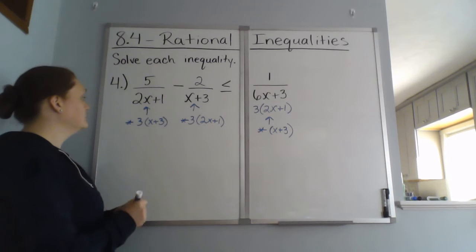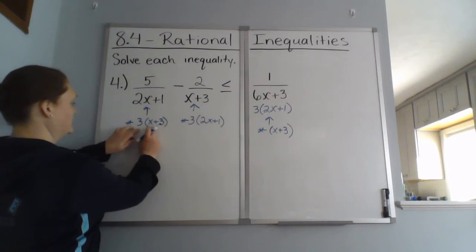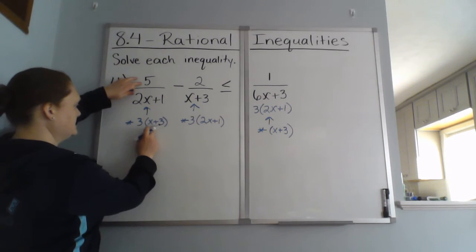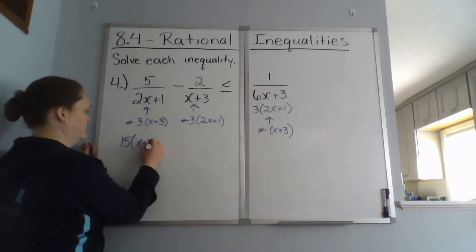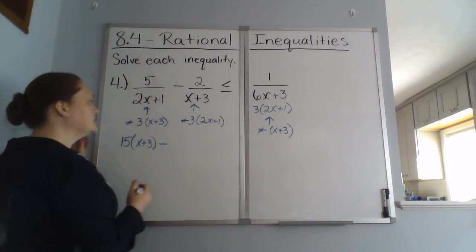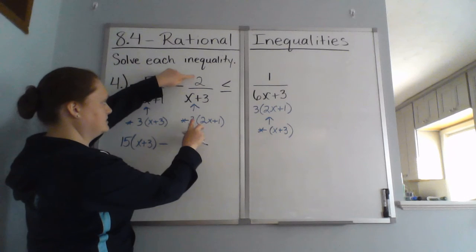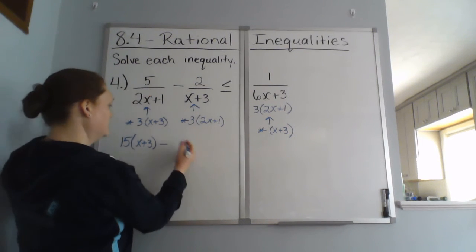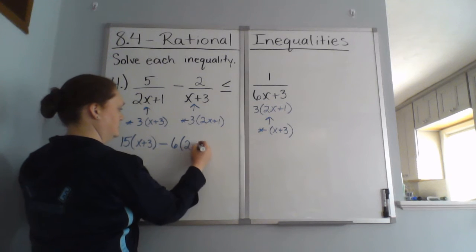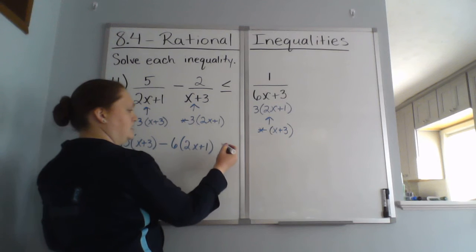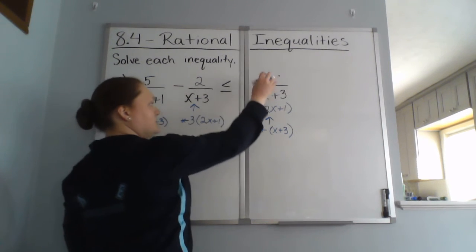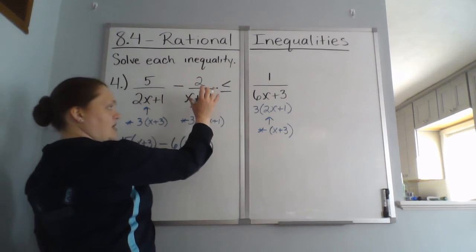Alrighty, here we go. So 5 needs to get multiplied by both of these, so it's really 15 times this. Minus. Okay, I have to do 2 times both of these, so 2 times 3 is 6 times that. All right. And then I've got that it is less than or equal to this, so I'm actually going to subtract that fraction over.